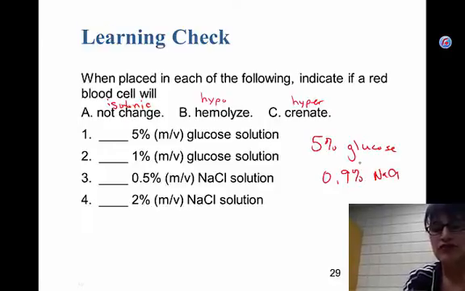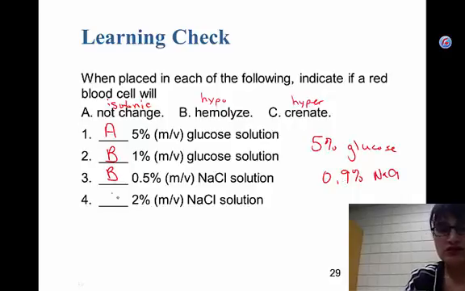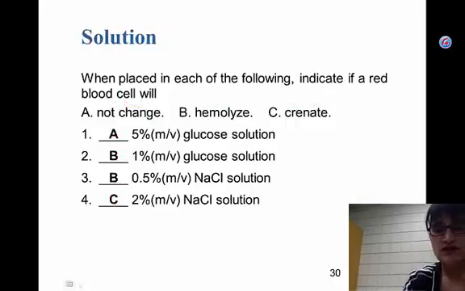So if we have 5% glucose, that means it's isotonic and nothing's going to change. Okay, if we have a 1% glucose, that's less than that. So that means it's going to be a hypotonic solution, so we're going to go hemolysis. 0.5% is less than 0.9% sodium chloride, so that's a hypo. And 2% is greater than this, so that means it's going to undergo crenation. And those were the same answers that we found.